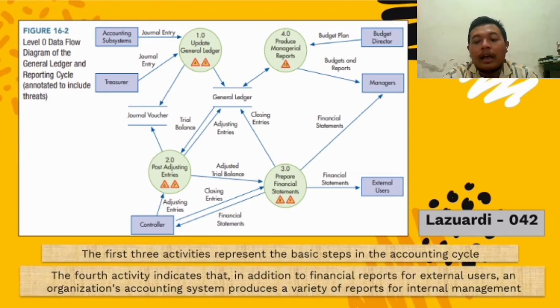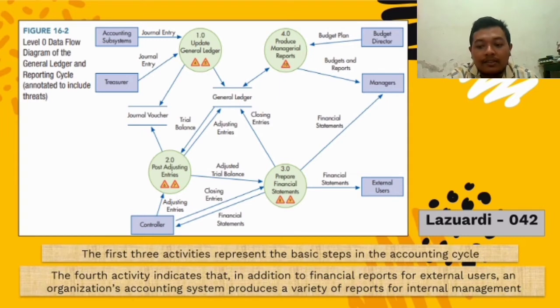After the three activities that represent the basic steps in the accounting cycle, the fourth activity indicates that in addition to financial reports for external users, an organization's accounting system produces a variety of reports for internal management. So of course they need to prepare the management report for themselves because it will relate to their performance during the year.